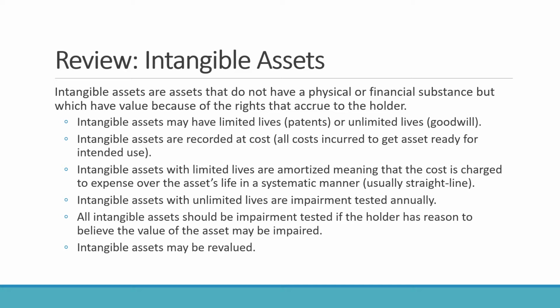So the idea with an impairment loss is you need to write the value of the asset down to fair value. All intangible assets should be impairment tested if the holder has reason to believe that the value of the asset may be impaired, but if they have unlimited lives, they need to be impairment tested at least annually.